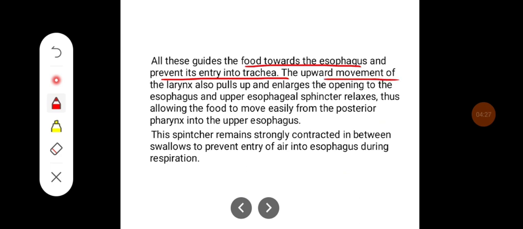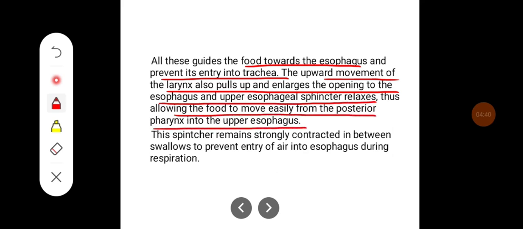The upward movement of the larynx also pulls up and enlarges the opening of the esophagus, and the upper esophageal sphincter relaxes, thus allowing the food to move easily from the posterior pharynx into the upper esophagus. This sphincter remains strongly contracted in between swallows to prevent entry of air into the esophagus during respiration.